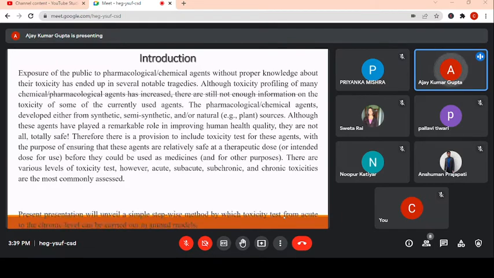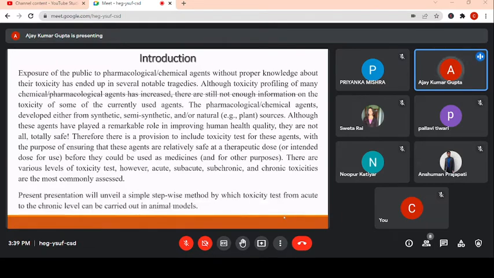So this presentation will unveil a simple stepwise method by which toxicity tests from acute to chronic level can be carried out in animal models, as in most of the research literature, thesis or dissertation.